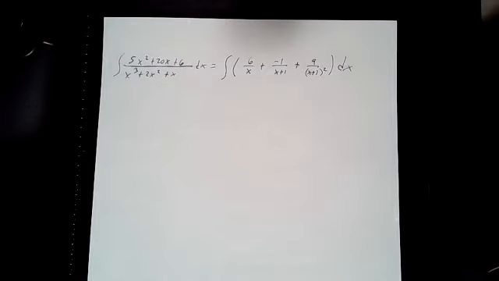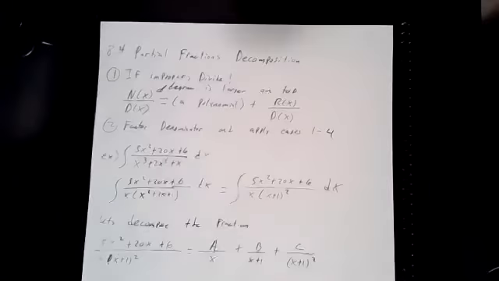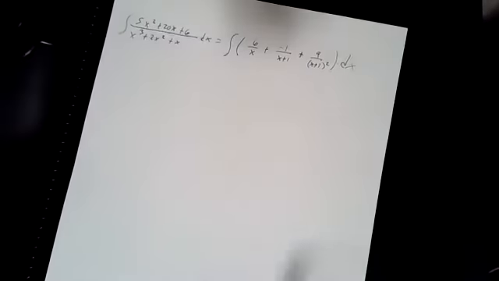Is that right? That's what we found for A, B, C, correct? Six, negative 1, 9. And we separate it this way. So plug them in and then integrate.